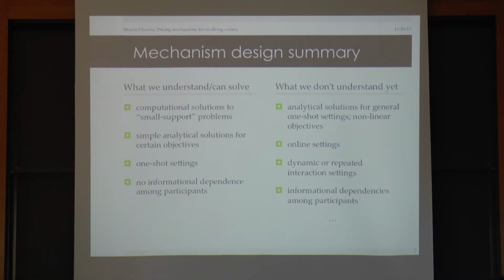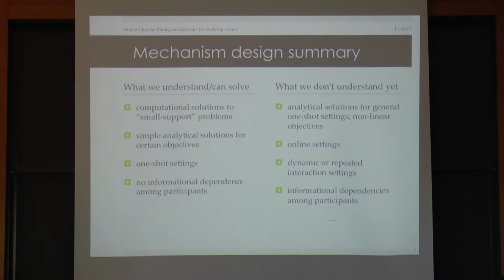And then one other quick direction that I think is very interesting is we understand settings where different participants are independent in the sense that there's no exchange of information between them. And another direction that's very nascent right now in computer science is informational dependencies among different participants. I want to quickly say that mechanism design is an old subfield of economics.